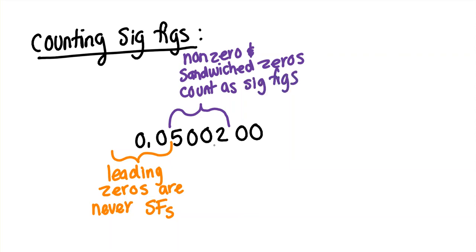So we have four significant figures there, 4 significant digits right there. Okay, and then we have also ending zeros.